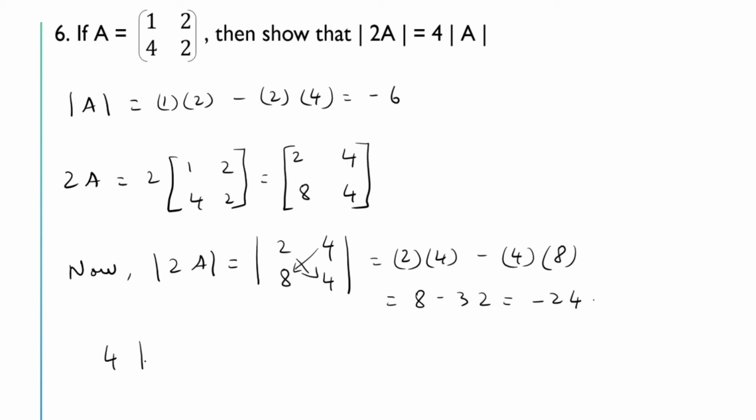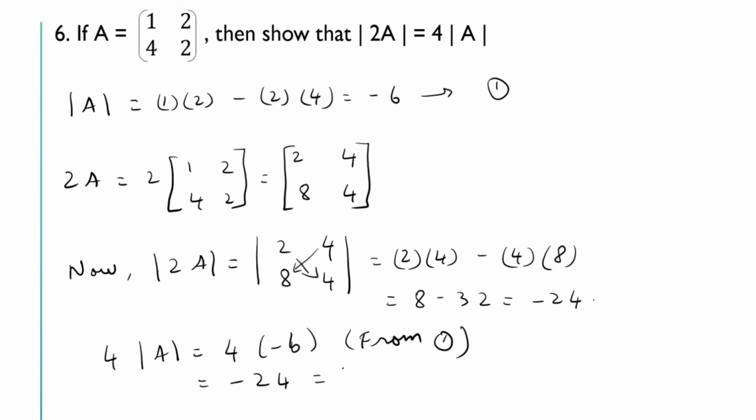So 4 into determinant of A: we got determinant of A as minus 6, so 4 into minus 6, this is from 1. So this is equal to minus 24.